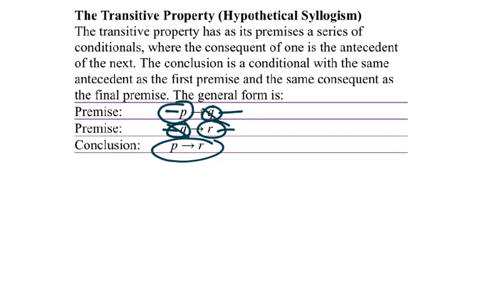And that's what we have in our conclusion here. Sort of like if x equals 7 and x equals y, then y equals 7. It's sort of that same idea. And from that, we can conclude that a conclusion is valid.